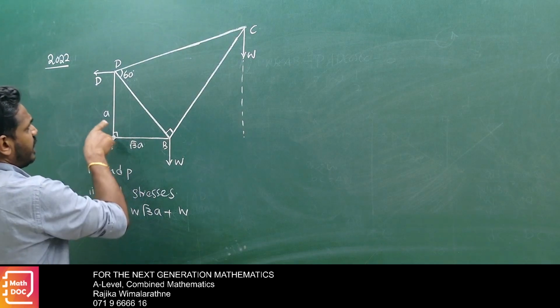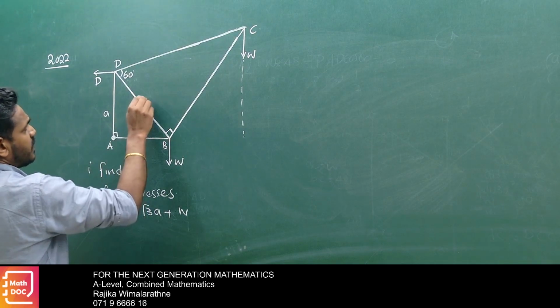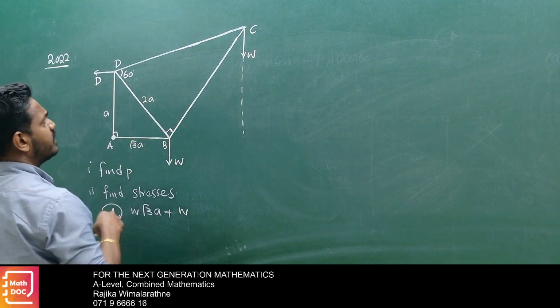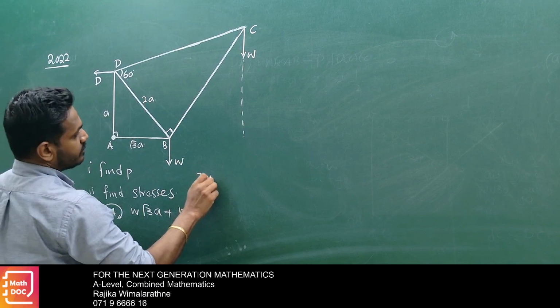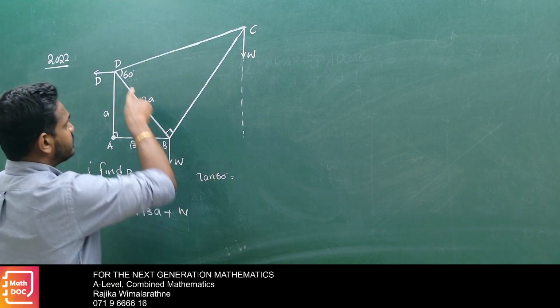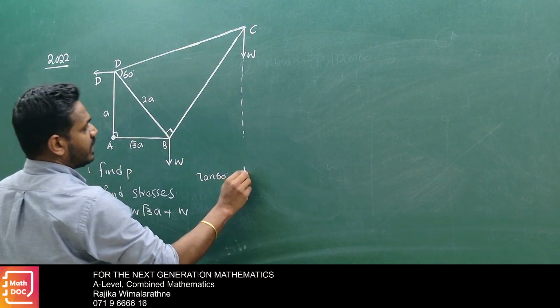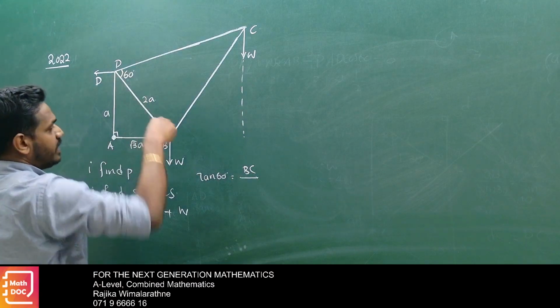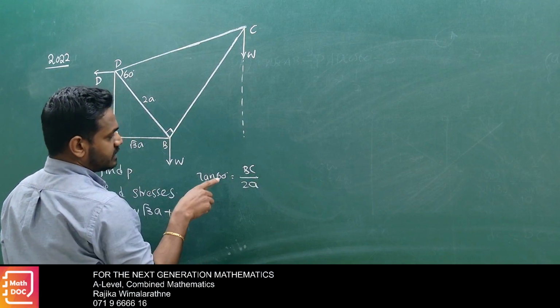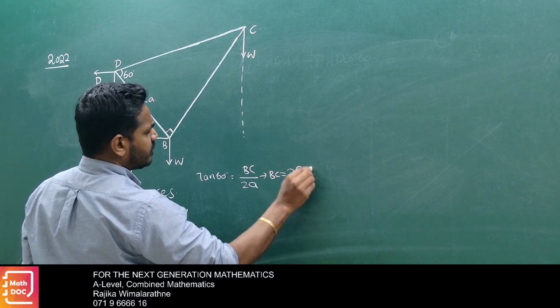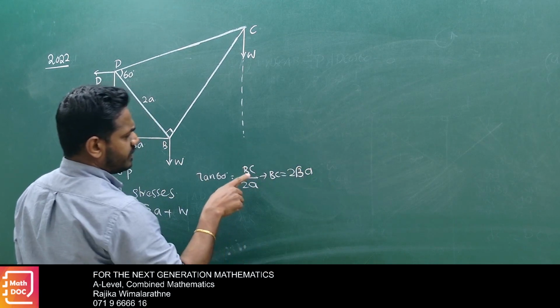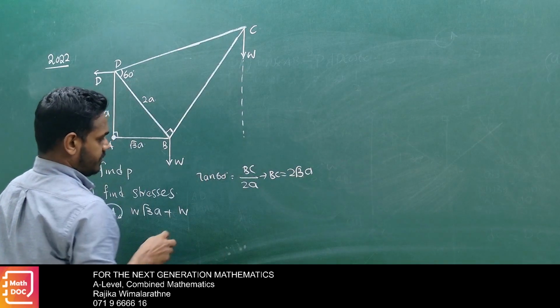Here root 3A, A, here 2A, 90 now. Then tan 60 equals BC divided by 2A, no? Tan 60 is root 3, then BC is 2 root 3A.